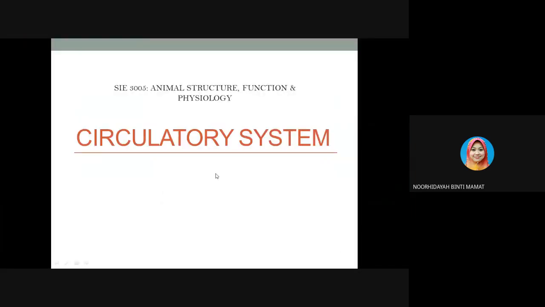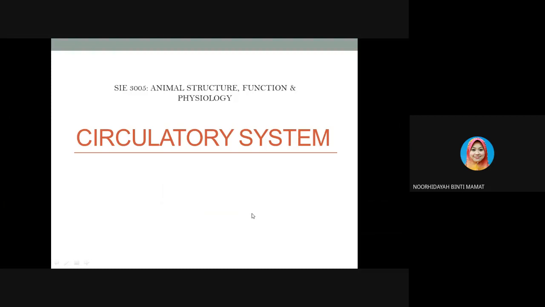Okay. So for this week topic we are going to study about the circulatory system. On the previous week, we already learned about the sensory system.